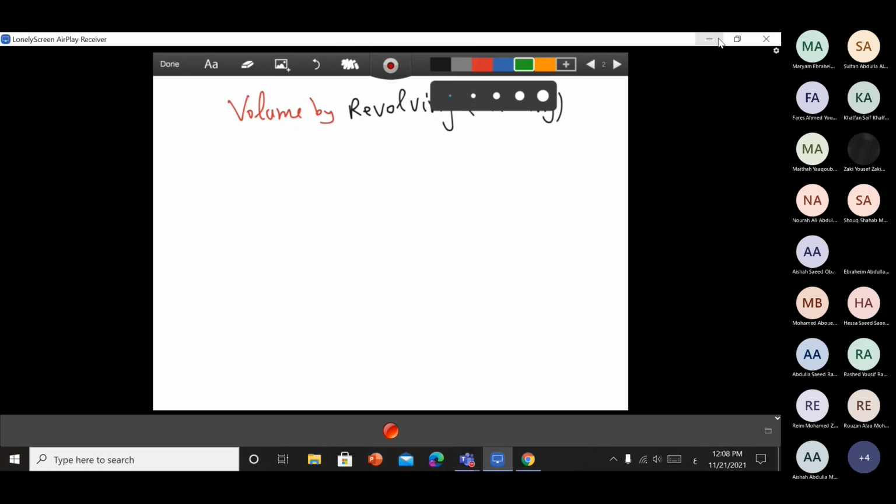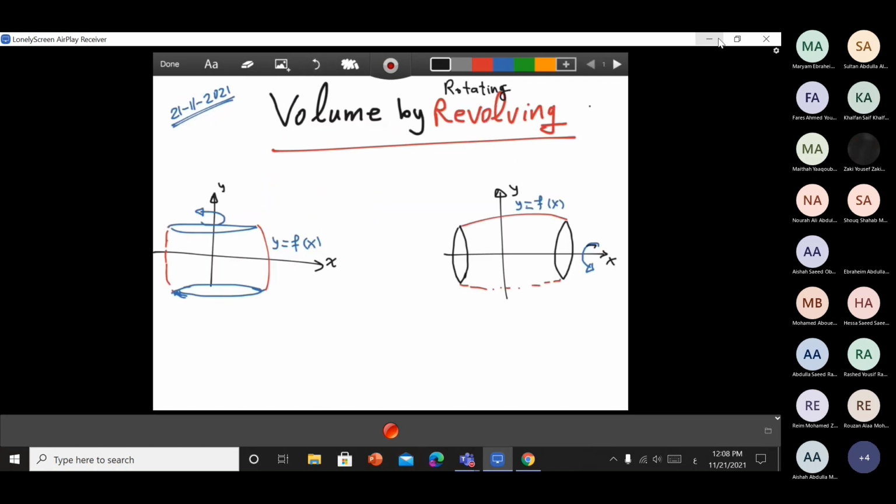These three types, first of all, you have to think about revolving about x-axis, like this one, you revolve this curve about x-axis, right?